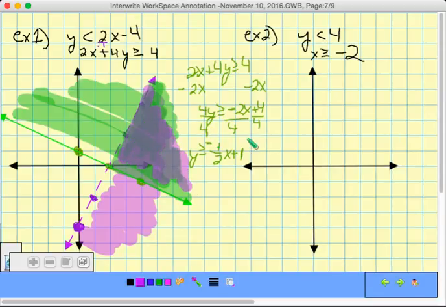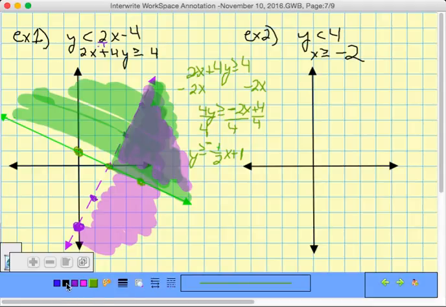Alright, let's try one more. So here, the top equation is y is less than 4. So we're going to go to where y is 4: 1, 2, 3, 4. Remember, this is a horizontal line through that point because everywhere along here y is 4.